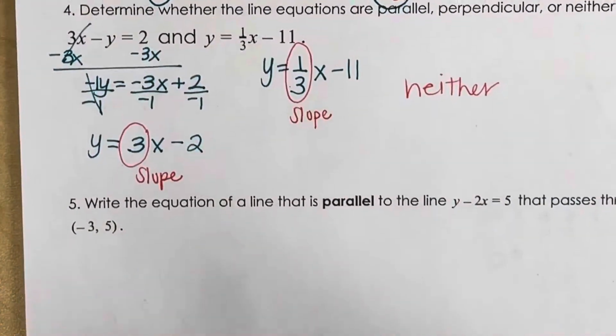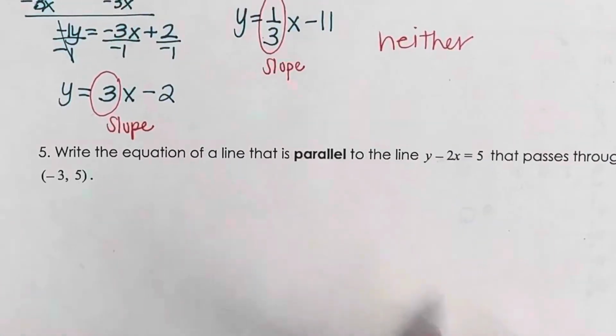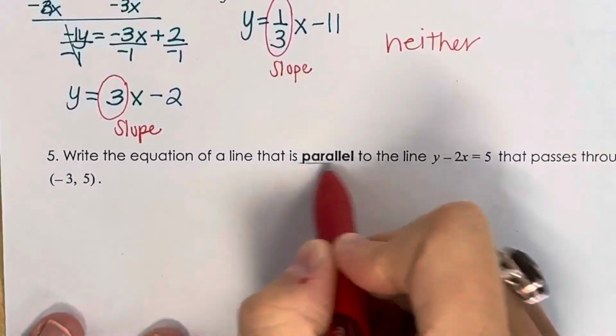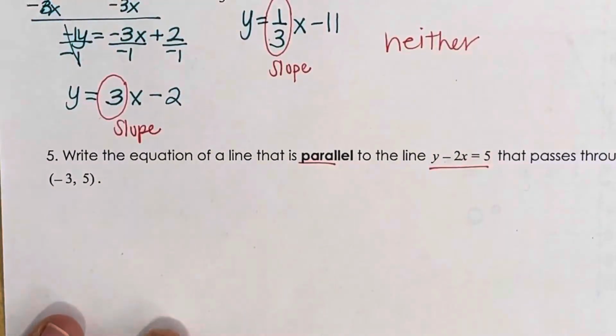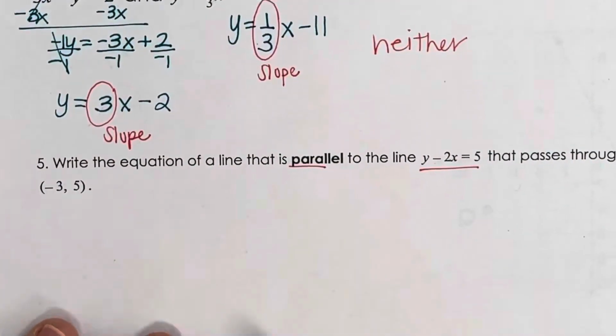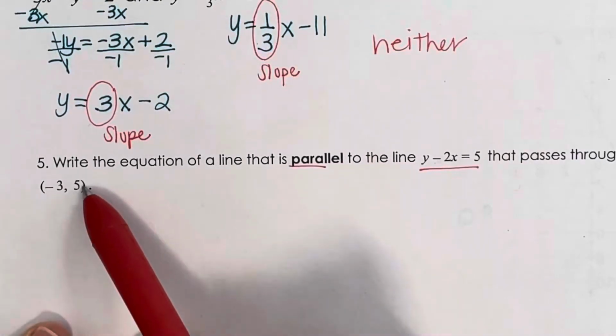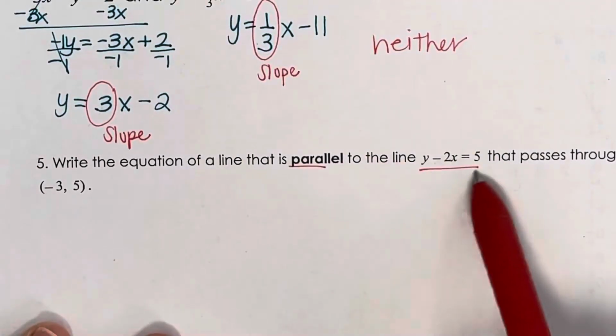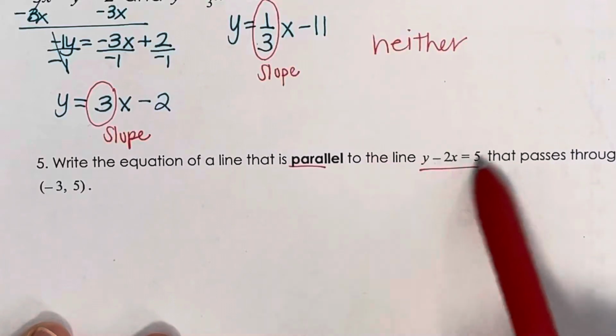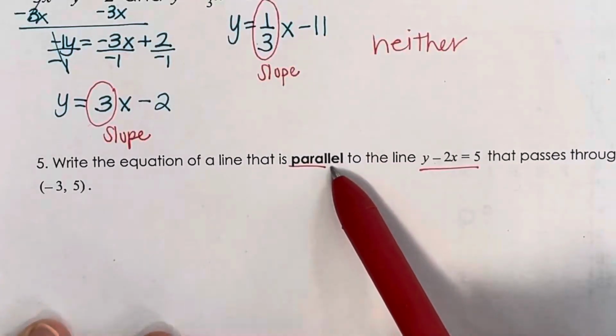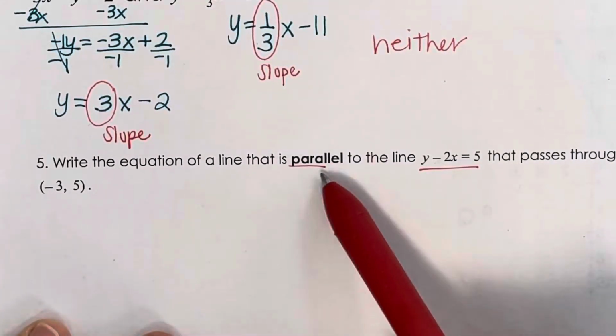Now, number 5, write the equation of a line that is parallel to this equation right here that passes through the point -3, 5. So the first thing I want to do is figure out what the slope is of this problem so I can write an equation that is parallel, which means it has the same slope.